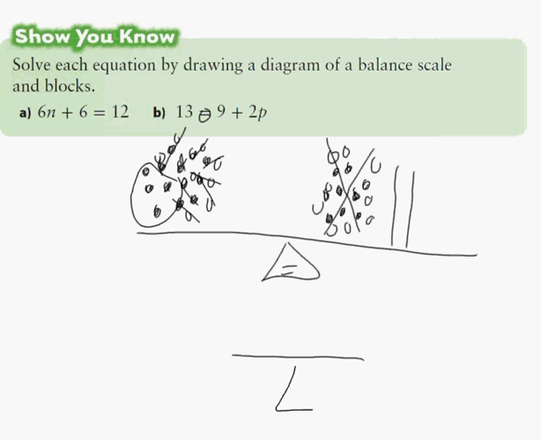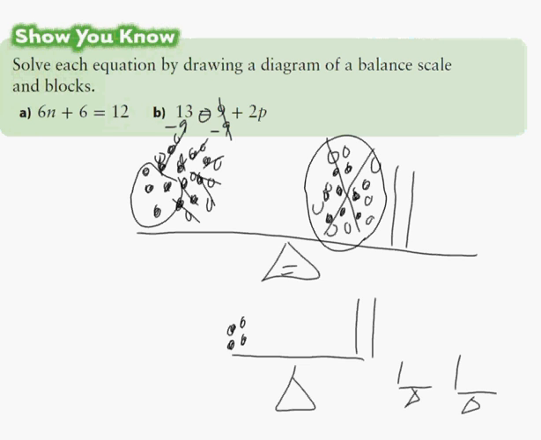So in my new picture, I have 2p left over here because all of this has created a 0 pair. Really what I did is I subtracted 9 from both sides. And over here, I have 4 left. Okay? So then the same thing as in the last question. If I have 2p equals 4, then each p must represent a weight of 2.